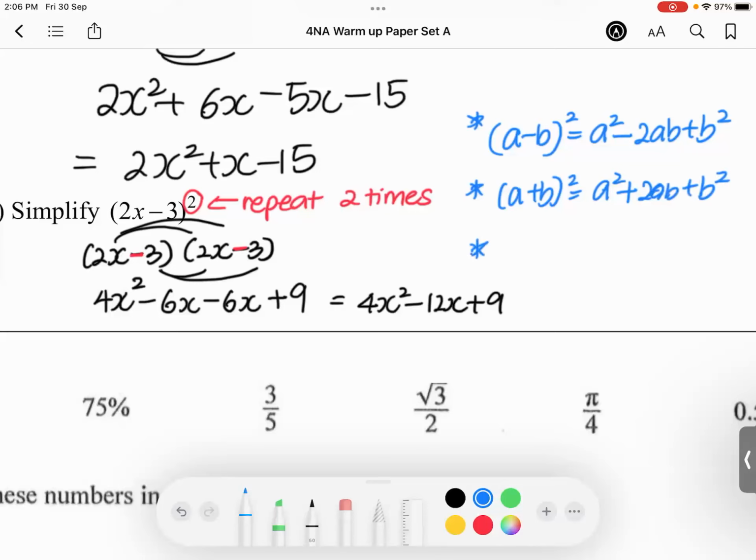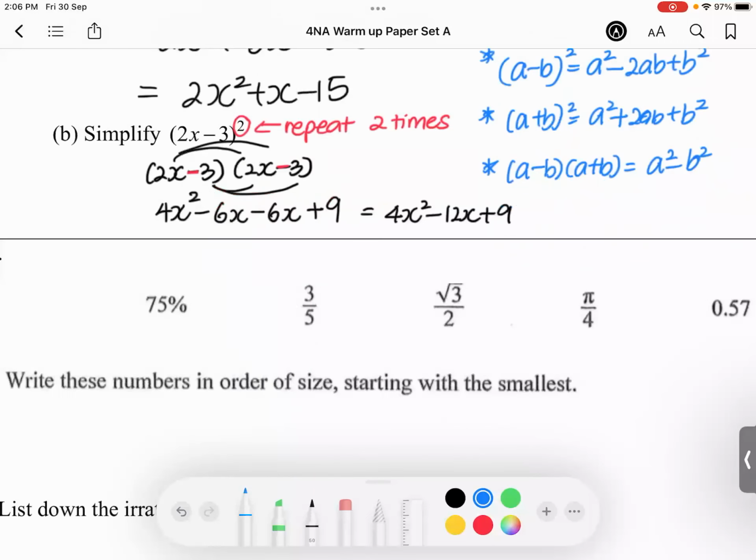The third algebraic rule is where both the brackets are different, a minus b and a plus b. Usually we use this for factorization. We get a squared minus b squared. So these 3 algebraic rules, please remember.